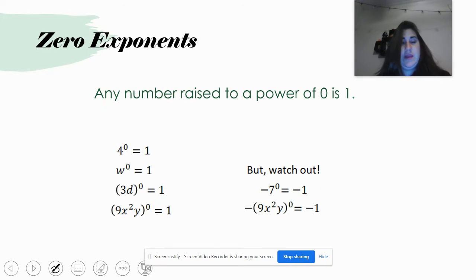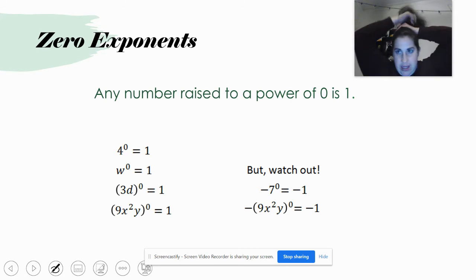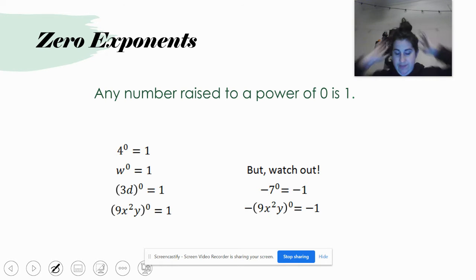All right. What about zero exponents? I briefly mentioned how any number raised to a power of 0 is always 1. Well, not always. So 4 to the power of 0 is 1. W to the power of 0 is 1. 3d raised to the power of 0 is 1. 9x squared y to the power of 0 is 1.